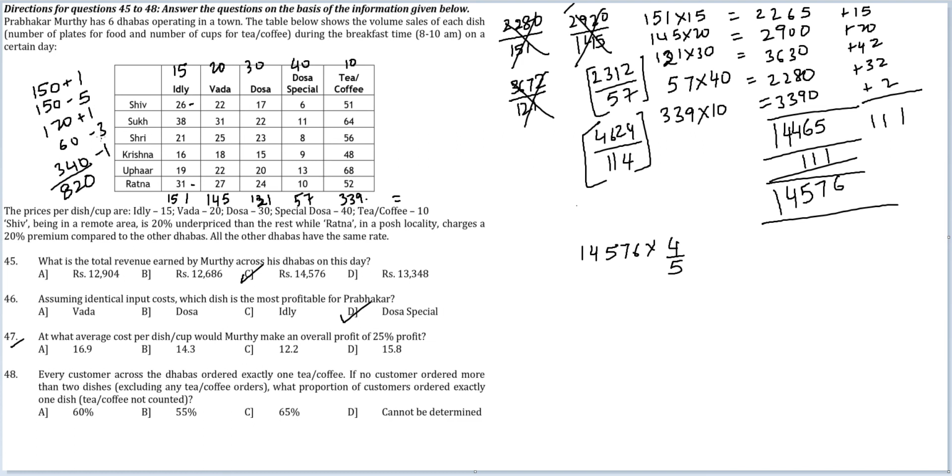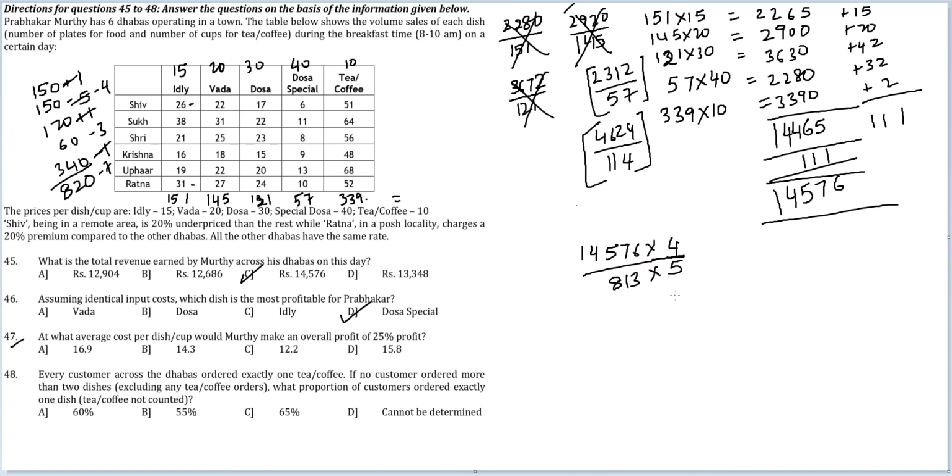And how much do I remove from here? This plus 1 goes, this plus 1 goes, so minus 4. I get minus 7 in total, so I get 813. 813 is the total amount here. You can do it by simple addition also, but I'm too tired to do that right now.